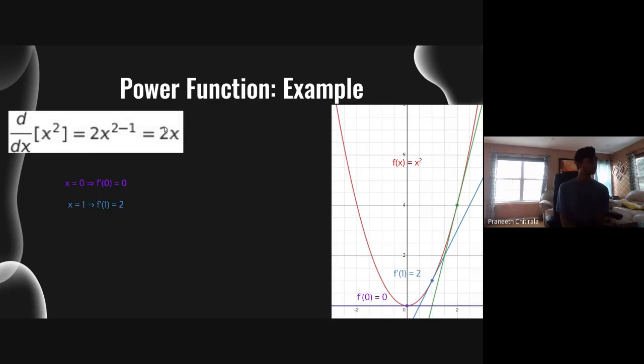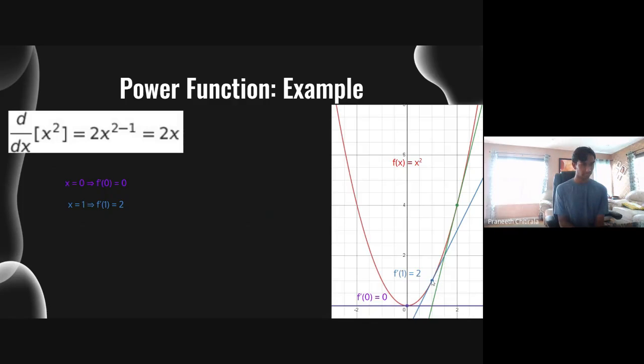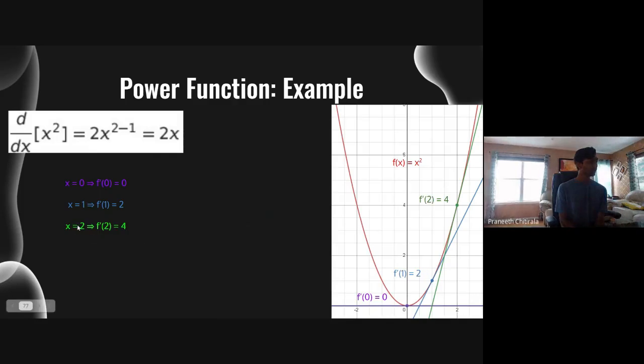Plug in 1, you get the derivative equals 2. And you can see that here. The slope of the tangent line is 2. You can just see that the rise is 2 and the run is 1. With x equals 2, however, we've seen in a previous example, f prime of 2 equals 4, since 2 times 2 is 4.